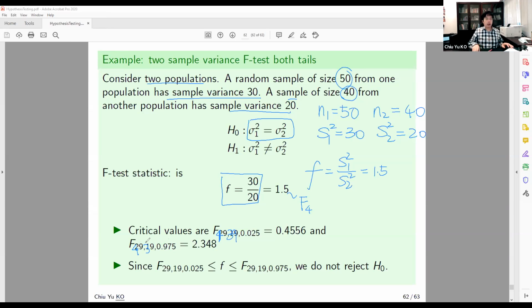And you should look at these F values. Let's see how we are going to do that. Let's look at Excel. Let's open Excel.